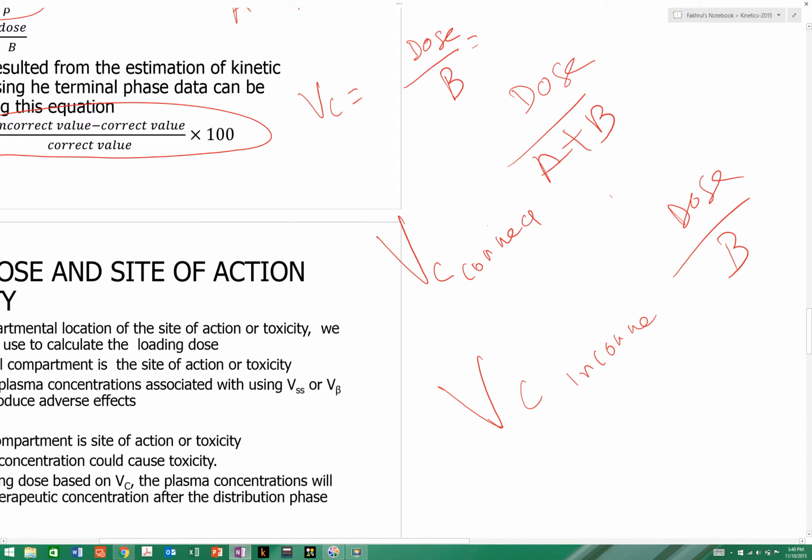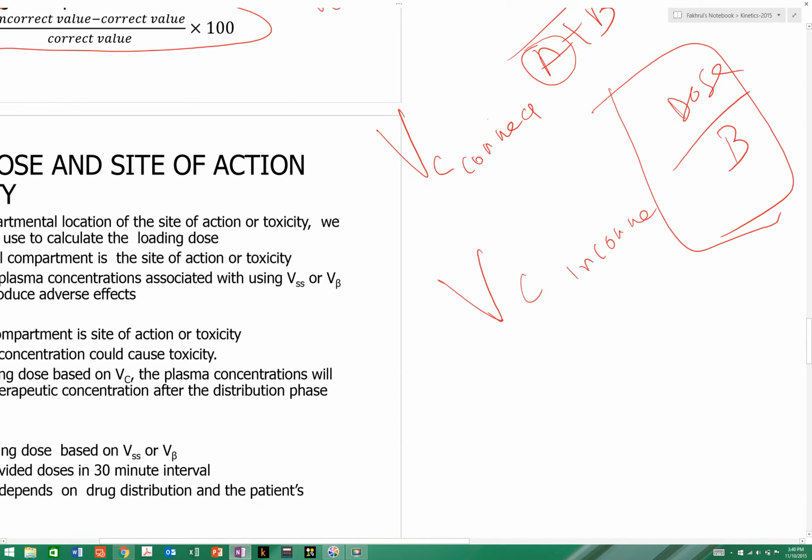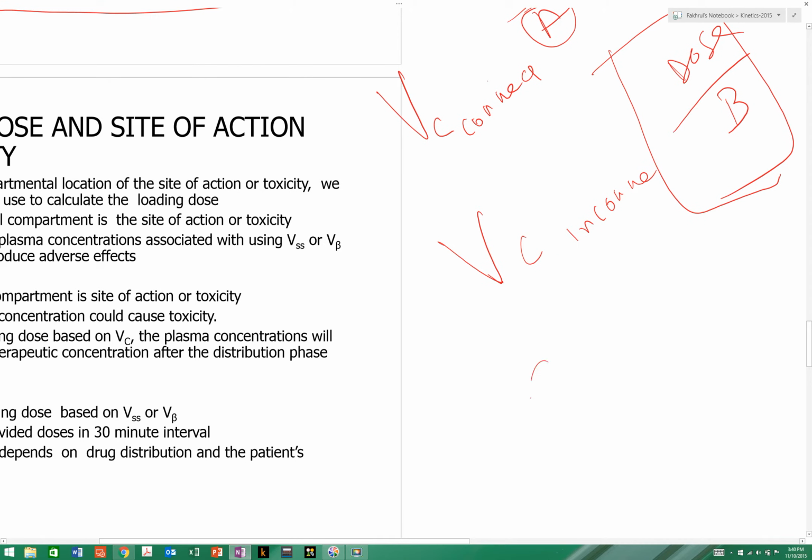This volume of distribution will be larger, because you have only one parameter, so the incorrect volume of distribution is going to be inflated or overestimated. And if you use this volume of distribution to calculate clearance, which is K times V, your clearance will also be overestimated because you are using a larger volume of distribution.